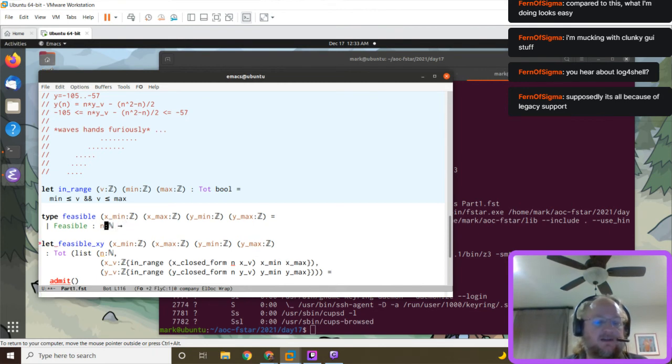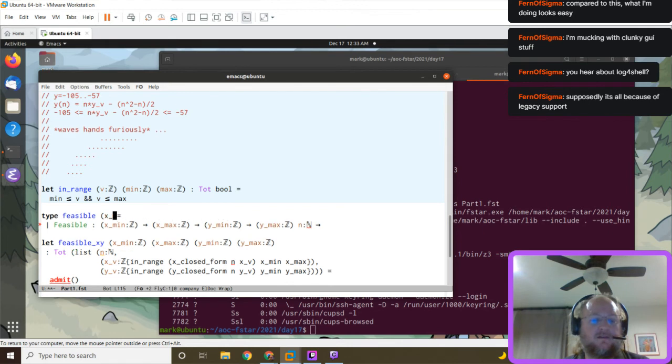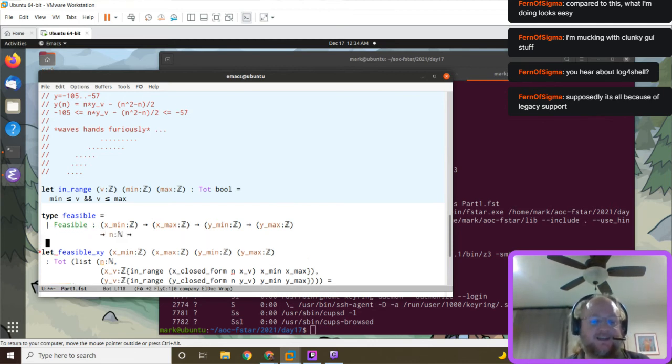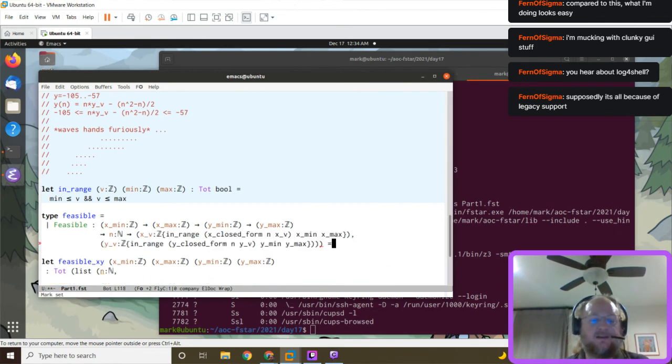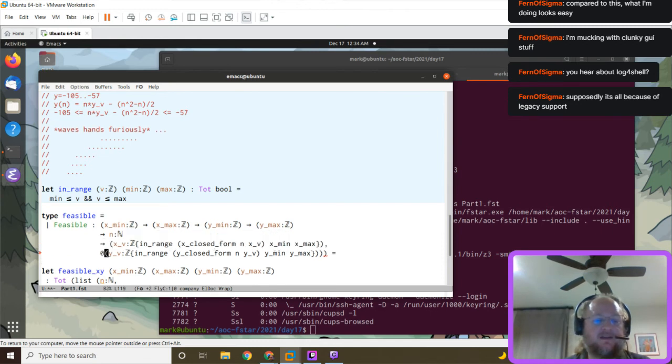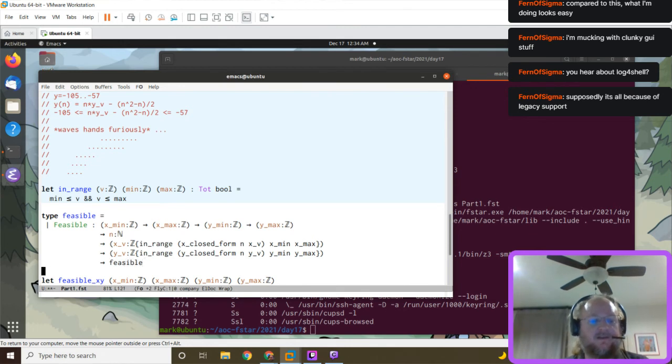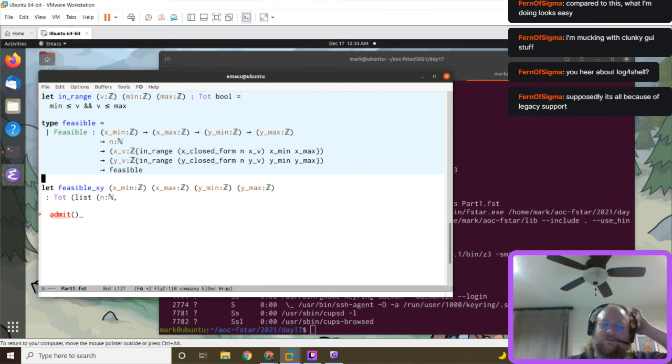Say, all right, so those are all the constraints, and n and, all right, so that's just an even bigger type.